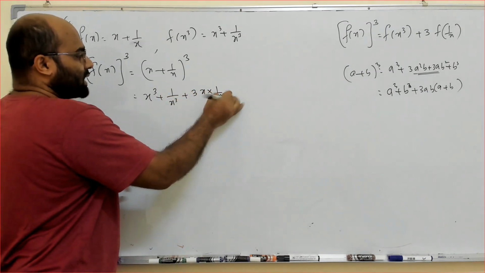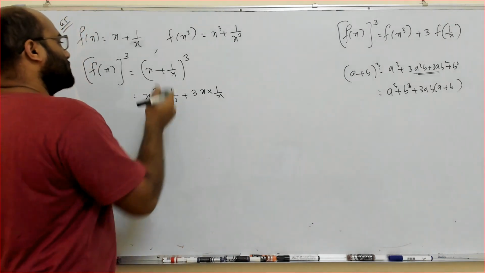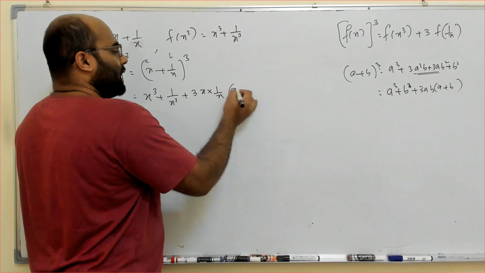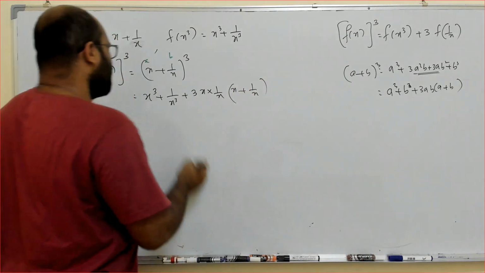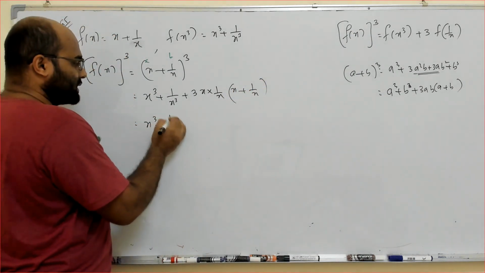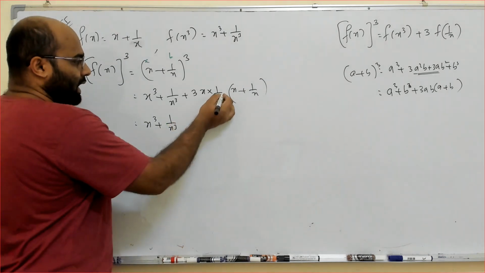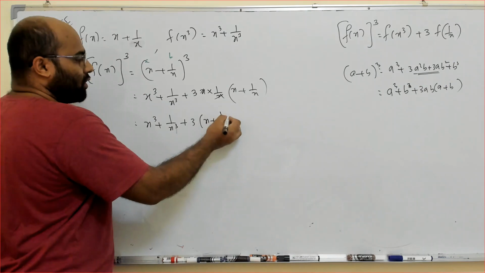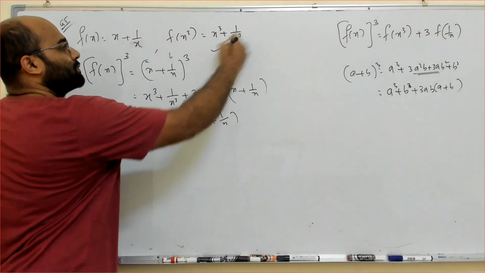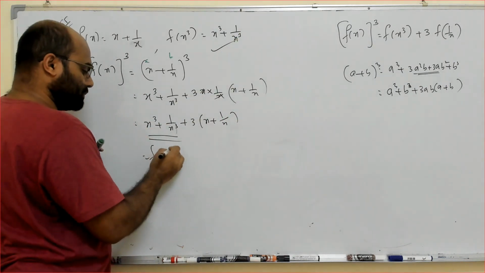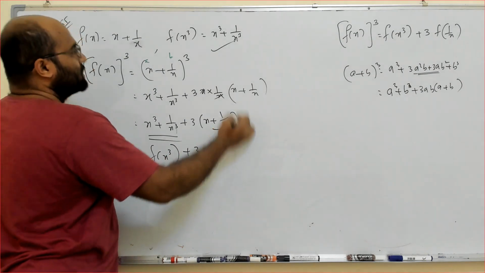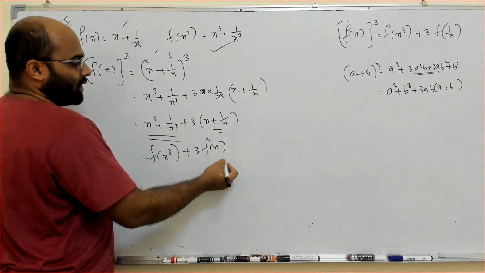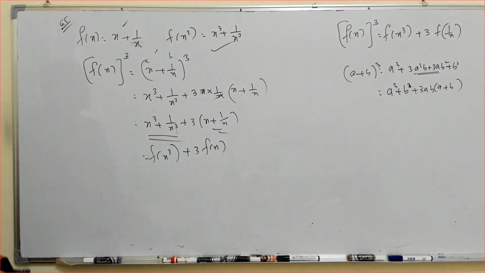Here a is x, this is a and this is b, into (a + b). So this will be x^3 + 1/x^3, then x cancelled, 3 into (x + 1/x). We got the answer. What is this? f(x^3). What is this? f(x). Of course there will be confusion.